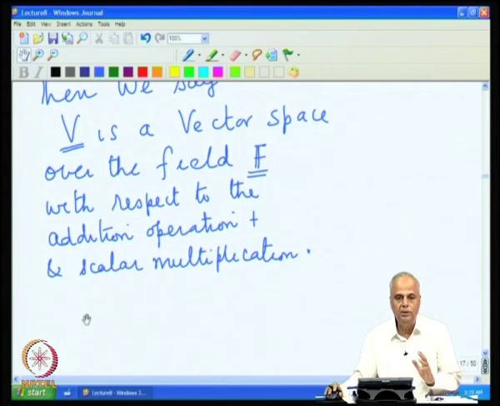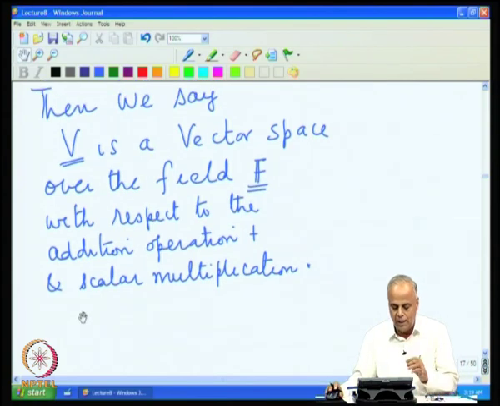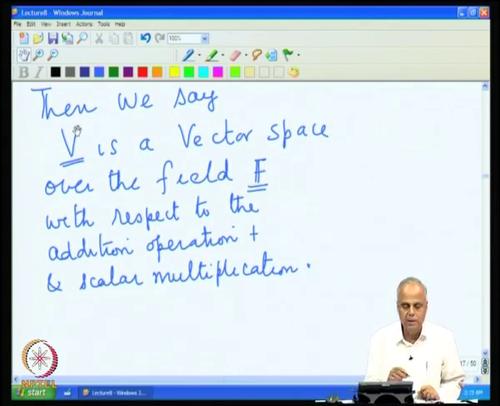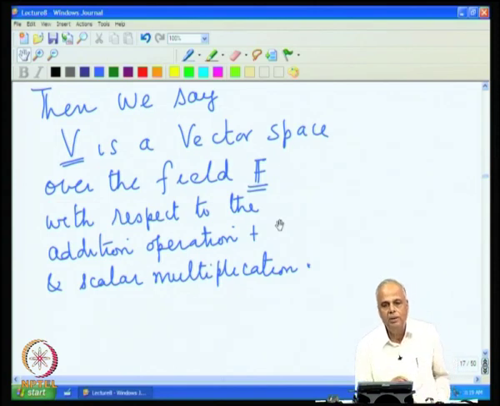So, if for example, we retain the same F, we retain the same set V, we retain the same field F. Suppose we change the operation plus and still have the same properties, then we will have a vector space, but this will be different.